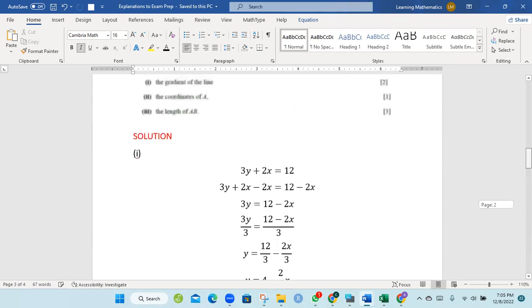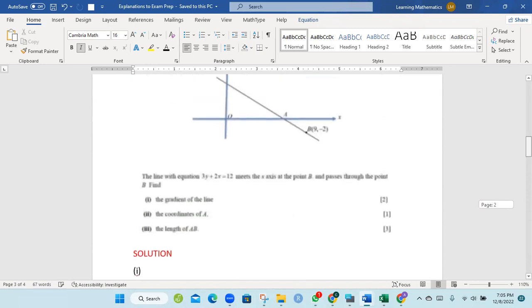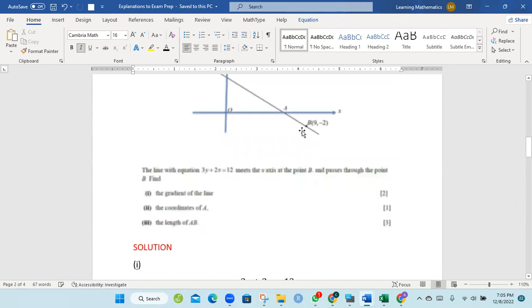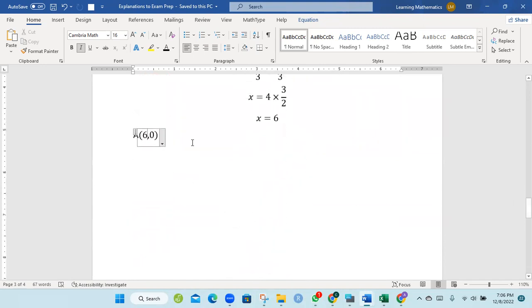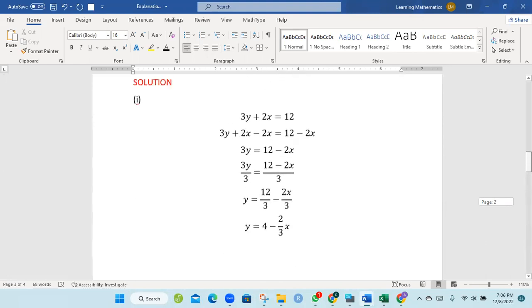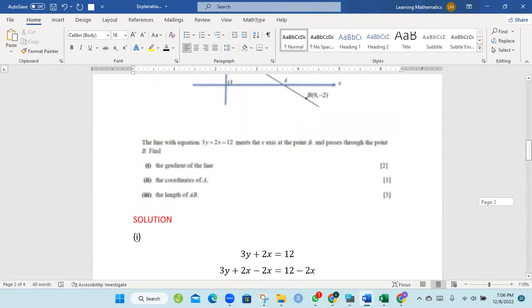The third question is the length of AB. To find the length of AB, we have to apply the formula for the length of a line. Now we know both the coordinates of A and B. A is 6, 0, and B is 9, negative 2.